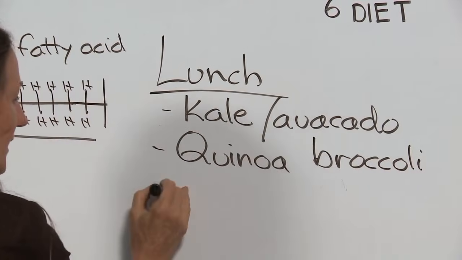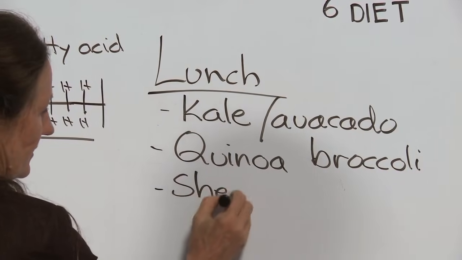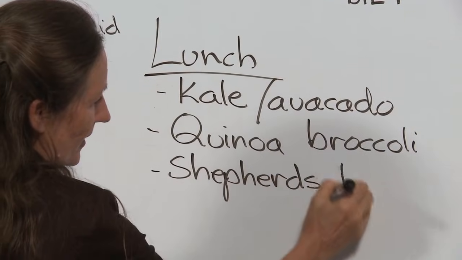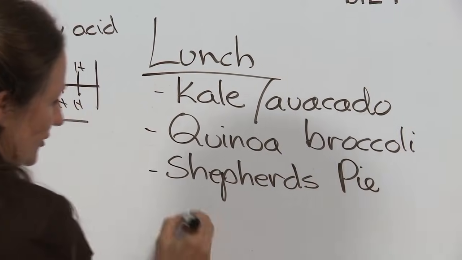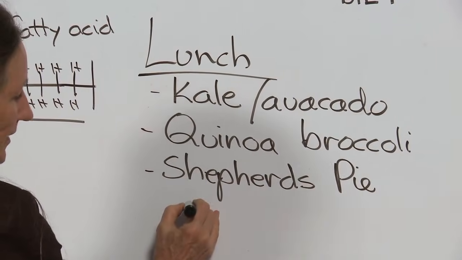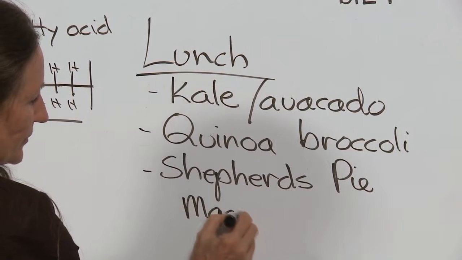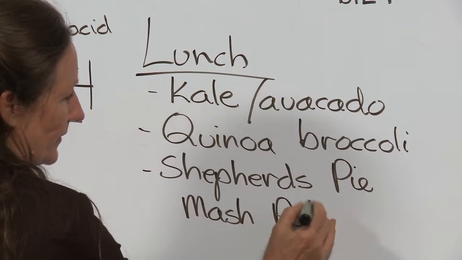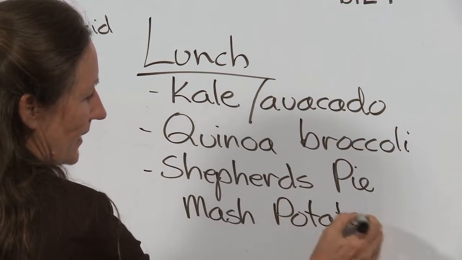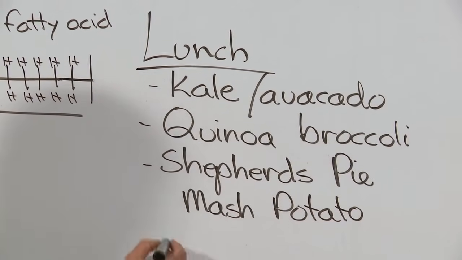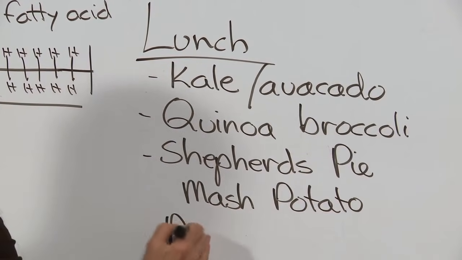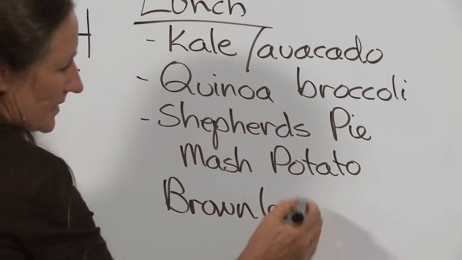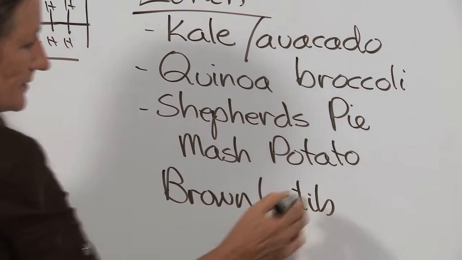And then we had a shepherd's pie. And the shepherd's pie had a topping of mashed potato, and the nicest way to mash your potato is with olive oil and Celtic salt. Mashed potato. And underneath the mashed potato there was brown lentils in a savoury sauce.